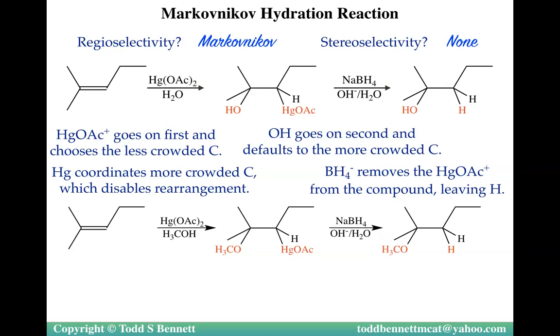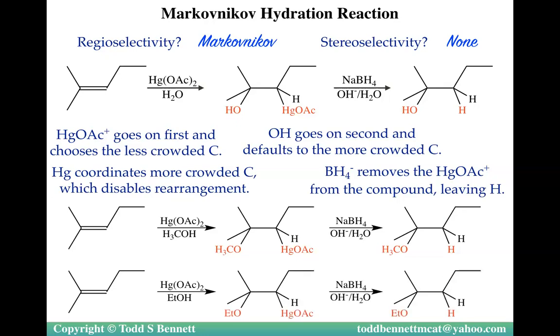So this can be done not only to add an OH, but to add an OR group if we wanted. And you can even do it under certain conditions to add a nitrogen, for instance. But for now, I just want to emphasize that it's still a Markovnikov addition. Mercury goes on first, complexes so it doesn't get rearrangement, and then the OH from water or the OR from either methanol or ethanol will come in. So I just want to revisit that.